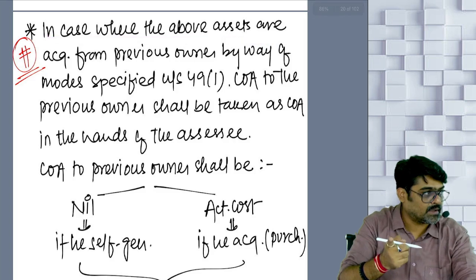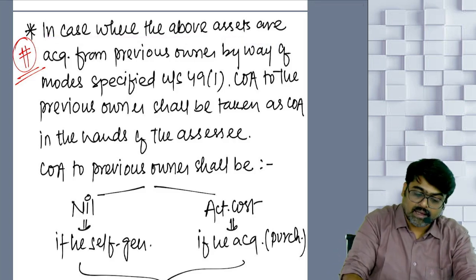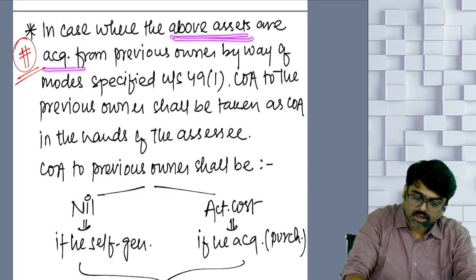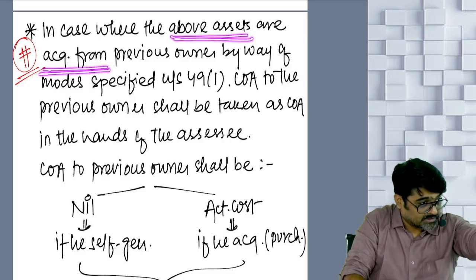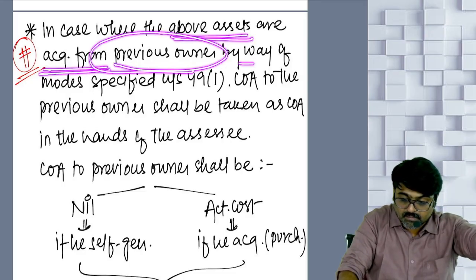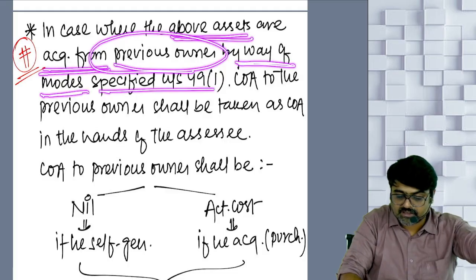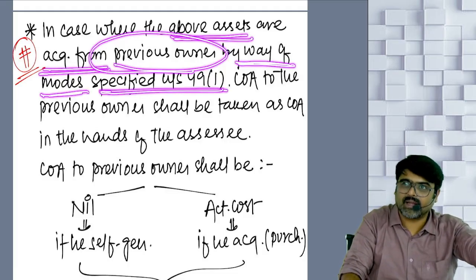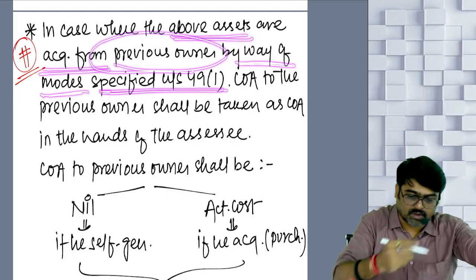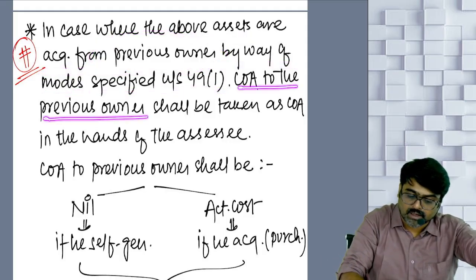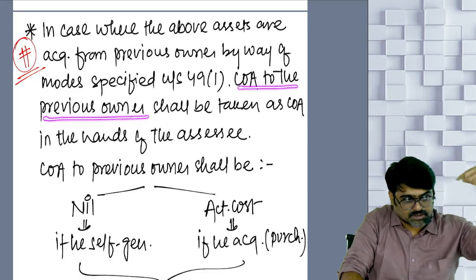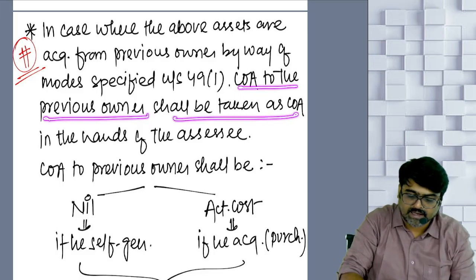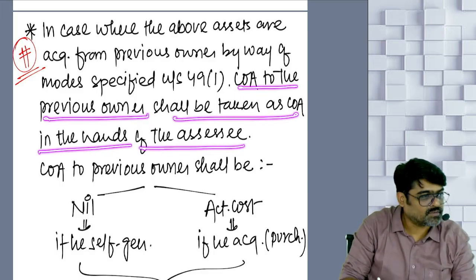So this is in case where the above assets were acquired by the assessee by way of modes specified under section 49(1). What are the modes? Gift, will, inheritance. If you acquired through these modes, then the cost of acquisition to the previous owner shall be taken as cost of acquisition in the hands of the assessee.